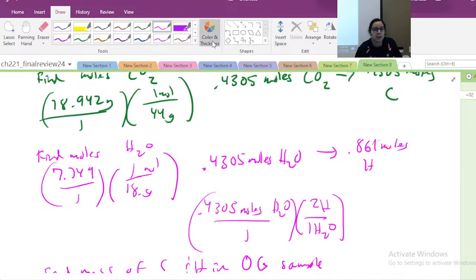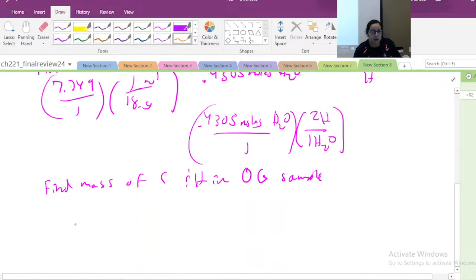Now I can take my 0.4305 moles of carbon and multiply it by 12.